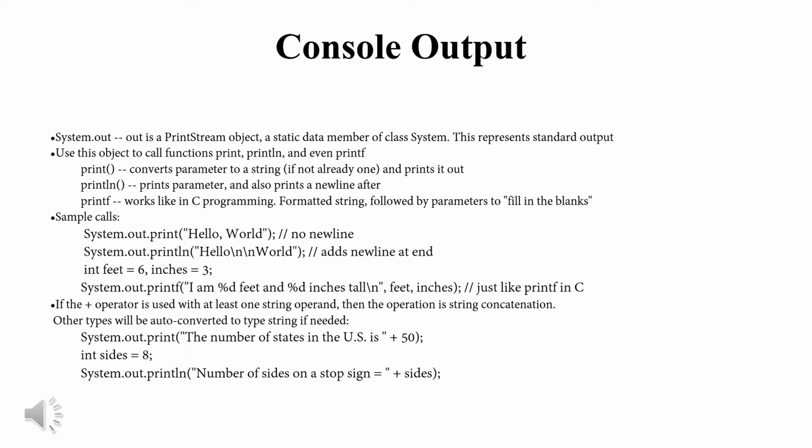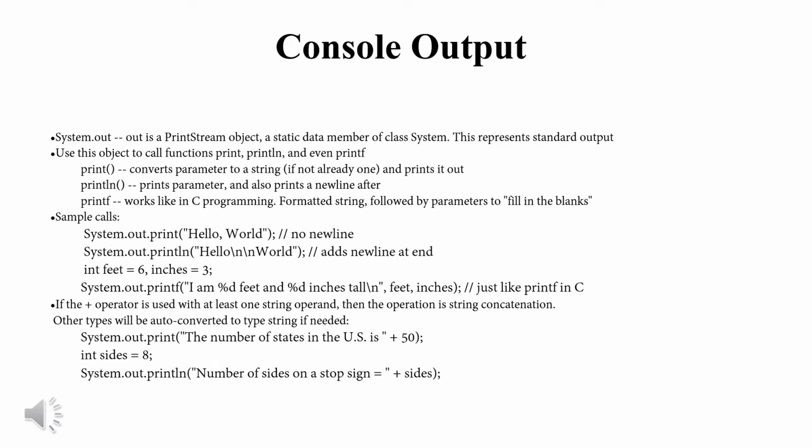Like what we have here, System.out.print, the number of states in the US is, then plus 50. So this plus works for concatenation. So on the output, the message that you will see will be like that. The number of states in the US is 50.